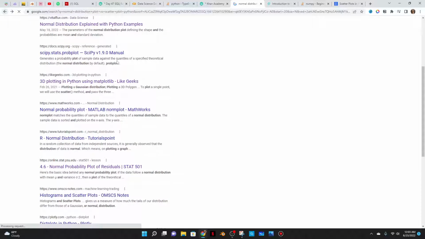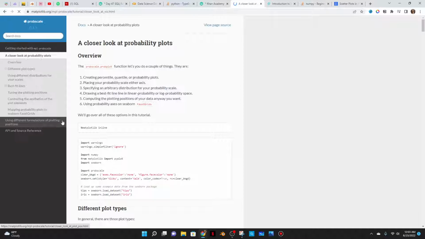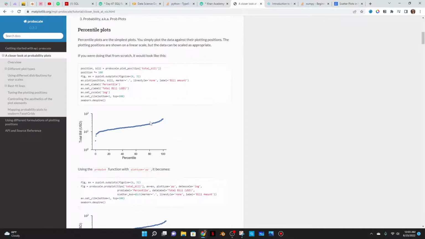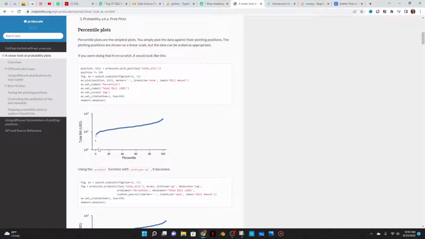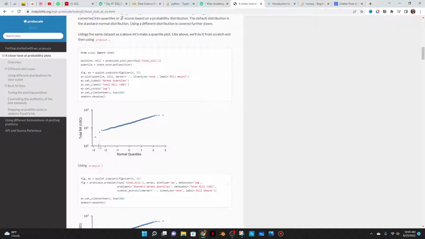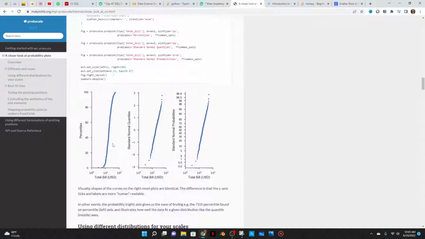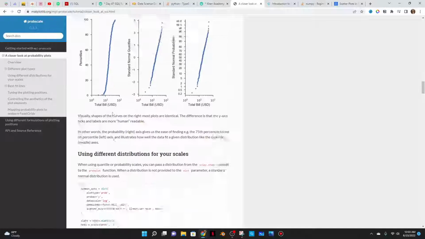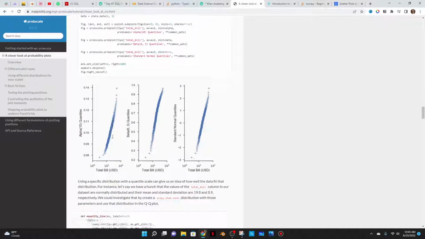Oh no. No, no, no. Percentile plots. Oh, so is that what it is? No. Probability plots. No.